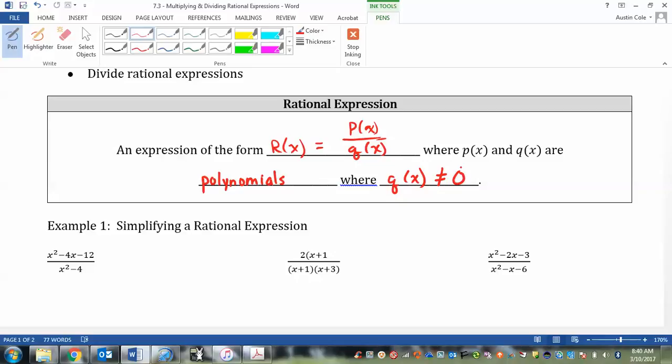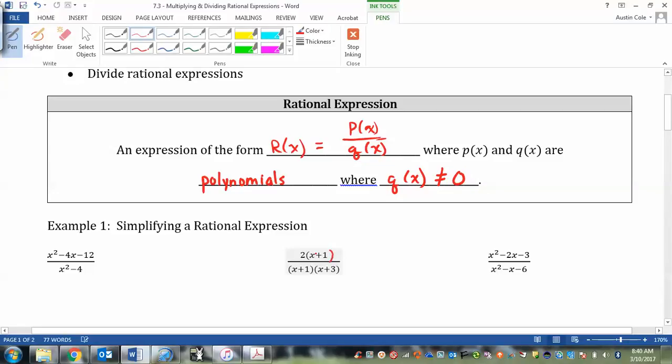So we always have to keep in mind in this chapter that our denominator can't be 0. Okay? So essentially, if I look at example 1, we have polynomials in the numerator and polynomials in the denominator as a fraction. Example 1 here just says simplify, meaning we want to get it in the simplest form. Okay, let's look at the second one first.